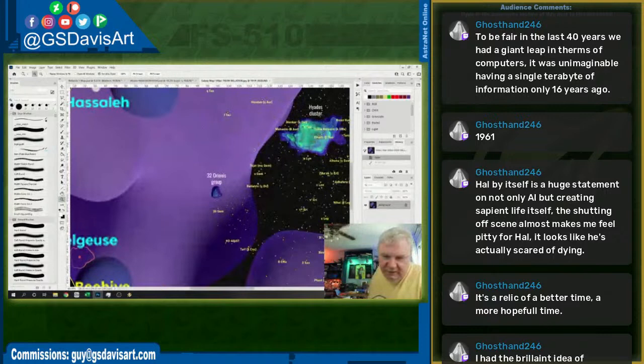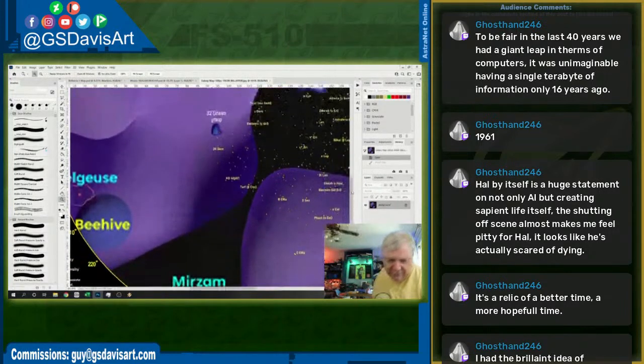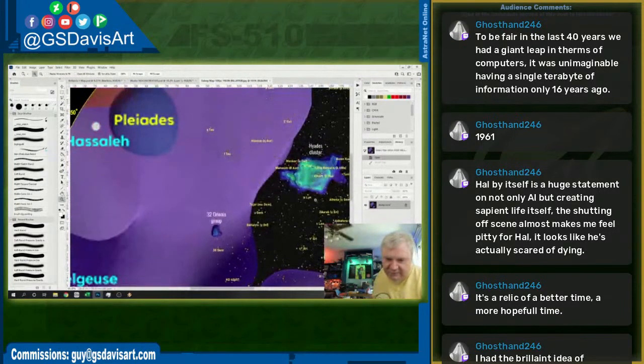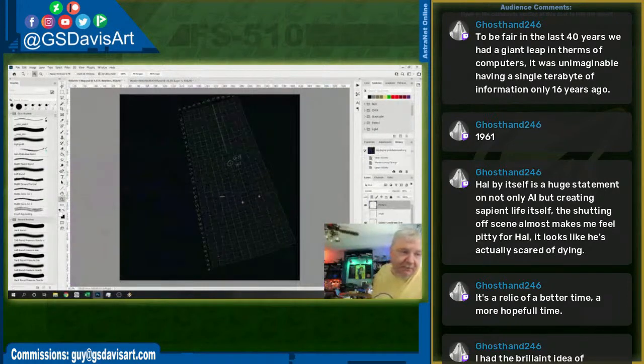Bellatrix. And here's the wall. You can see the wall kind of does this number right here as it heads out into the Mirzum tunnel. The wall flattens out here and then leans back for Bellatrix and then comes back up to here. But that's not the map I was looking for.